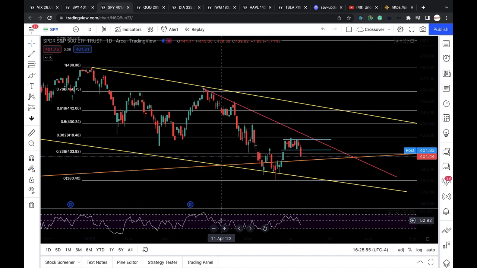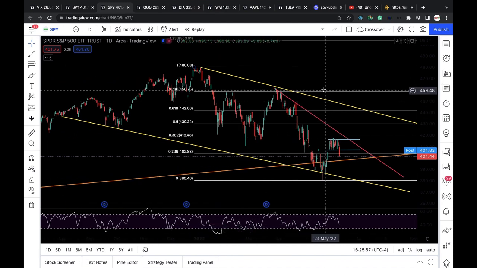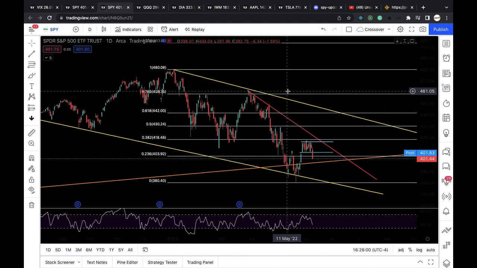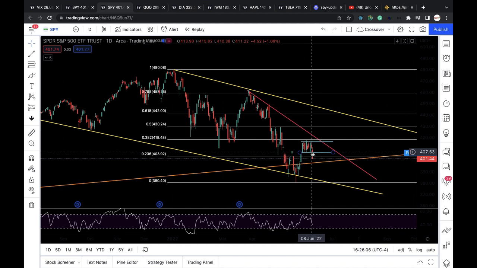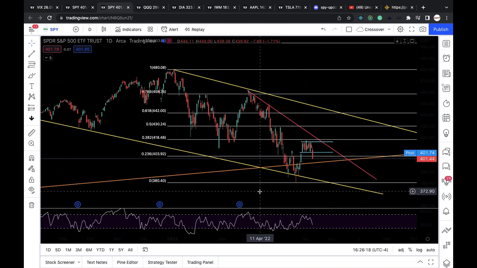Okay, I made a video talking about how important this level is not too long ago. All right, but for us to have a bottom, usually recapturing this 23.6 retracement level would be the first sign that a bottom is in. So losing this level is not a good sign. And I'm saying this based on past downtrend moves, okay?